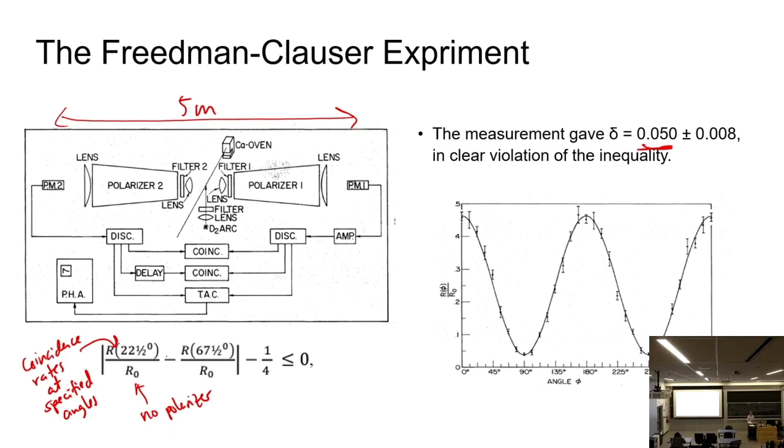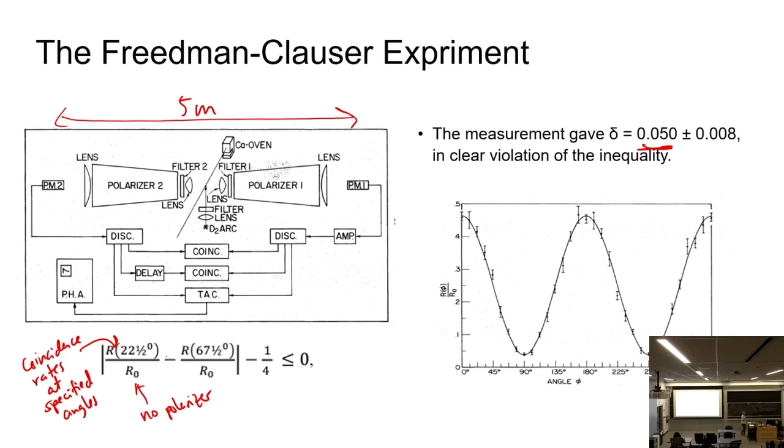They could do this measurement at lots of different angles. Here are the angles of the polarizers, and here's the ratio of the coincidence rates at each angle normalized by the no polarizer condition.